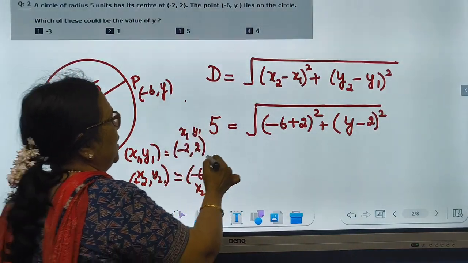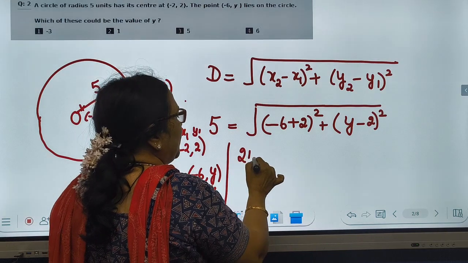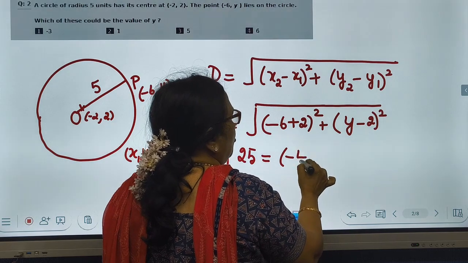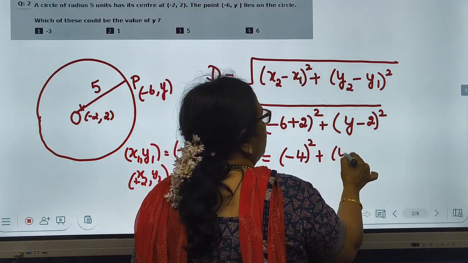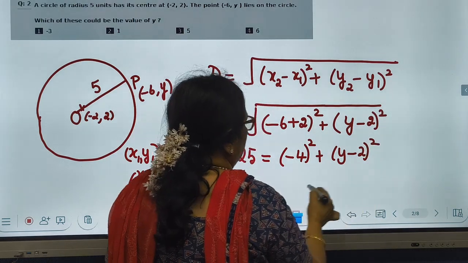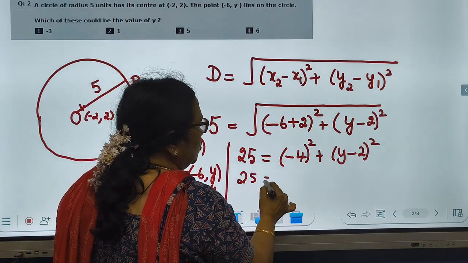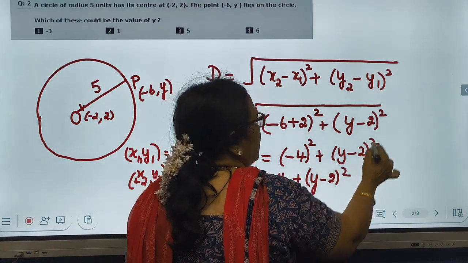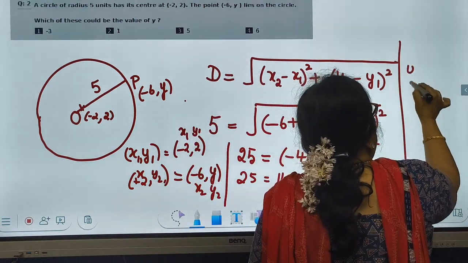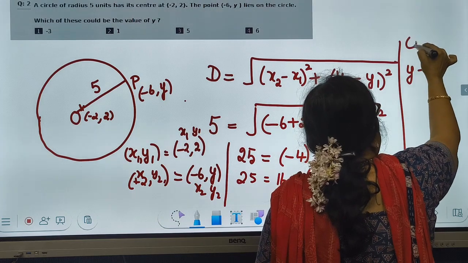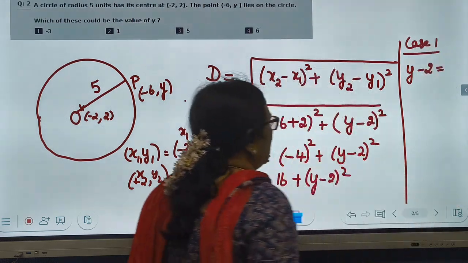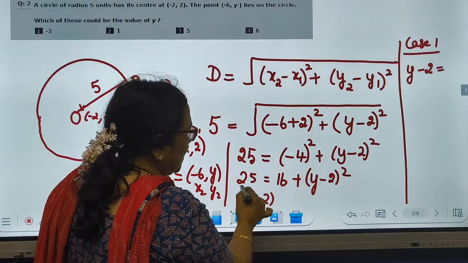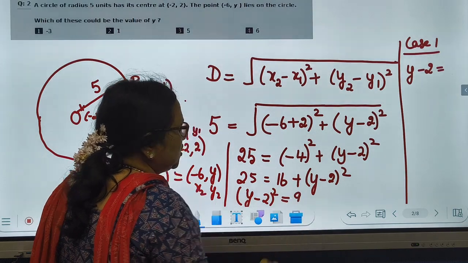The distance is 5. Now squaring, 25 is equal to -6 plus 2 is -4 the whole square plus y minus 2 the whole square. So 25 equal to 16 plus y minus 2 the whole square. Y minus 2 the whole square is equal to 25 minus 16 which is 9.